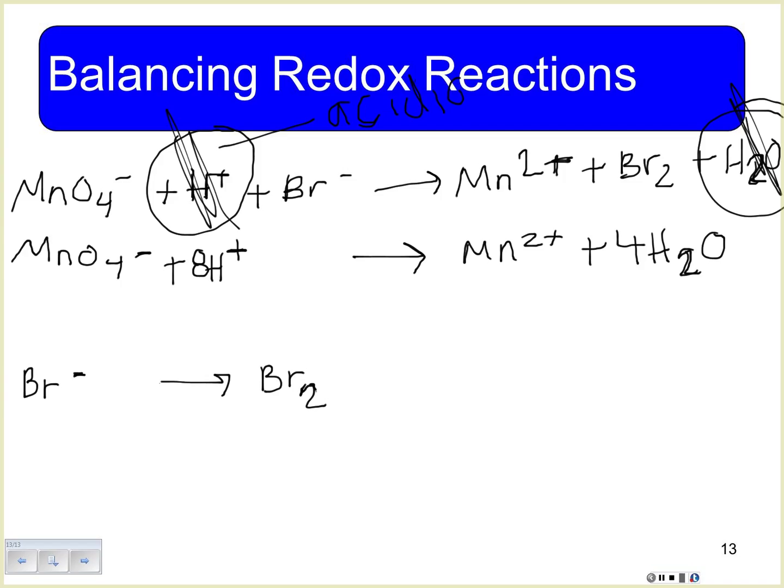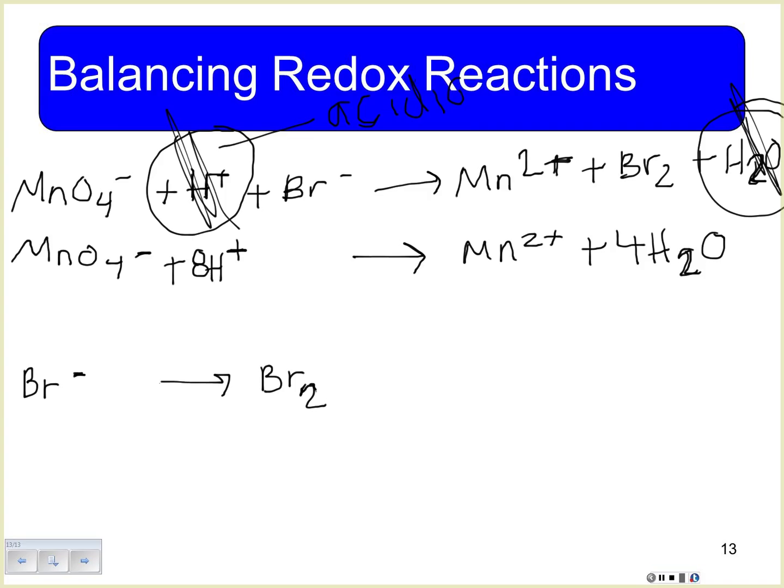Okay, so now we're mass balanced. We have to be charge balanced. Okay, more than likely, or probably 99.9% of the time, the side that you had to add the 8 protons or however many to is probably your more positive side because you just added a whole bunch of H plus to that side. Okay, so if we look at our total charge over here, what would our total charge be on the product side?